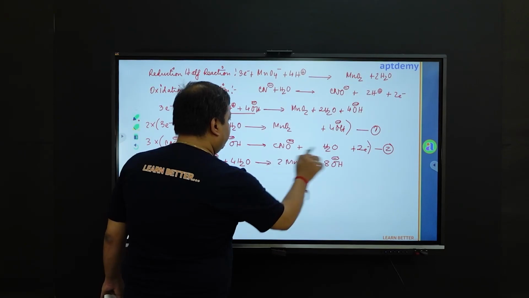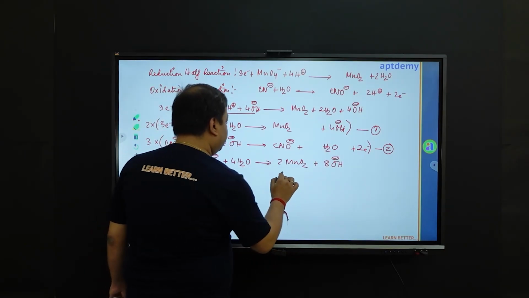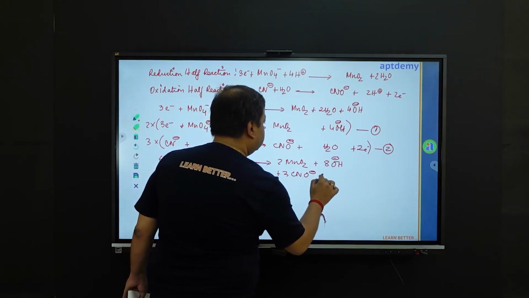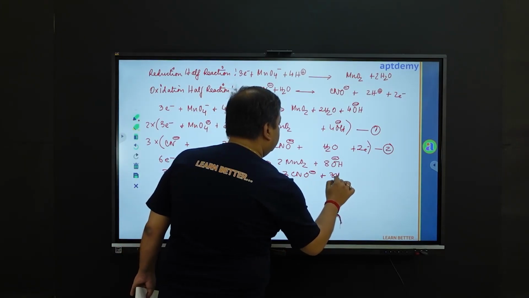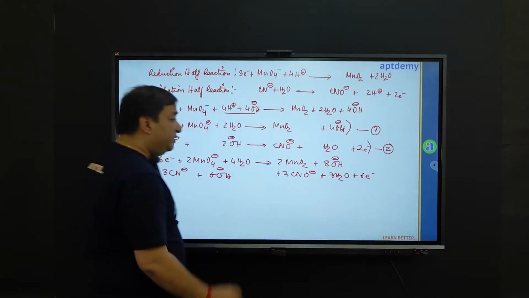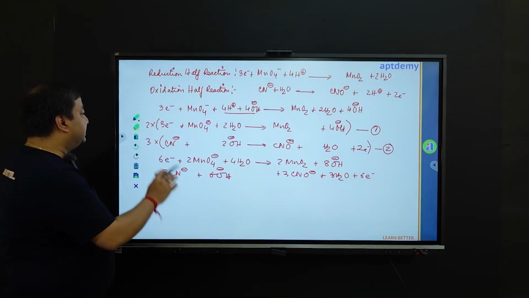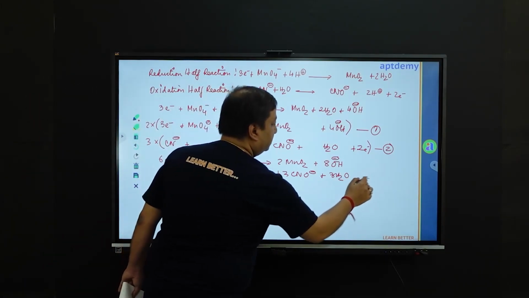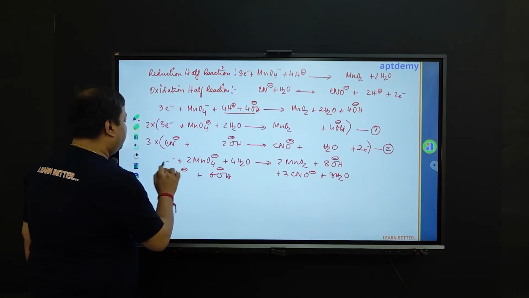On this side we write plus 3 CNO minus, 3 H2O, 6 electrons. Now to simplify the reaction further, we will cancel out some common things. So the 6 electrons are removed from the equation.